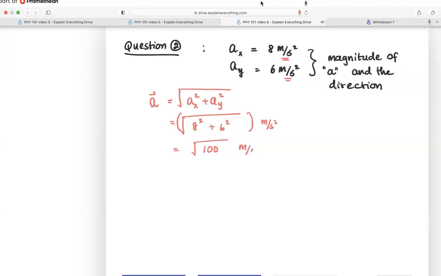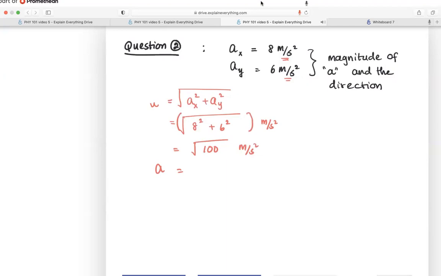So for the acceleration, the vector sign shouldn't be there because I am looking for the magnitude.